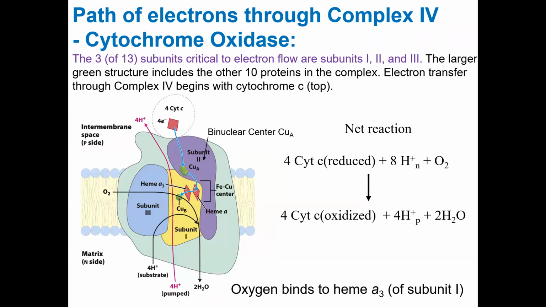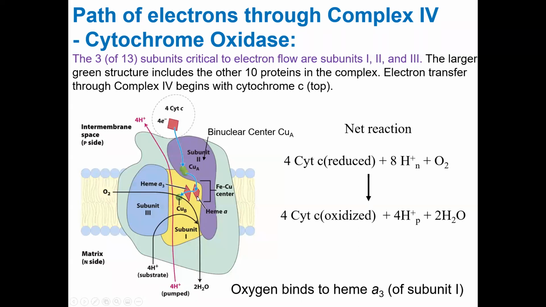Cool. So they will donate their electrons, 1 electron at a time, to this binuclear center copper A right here. From here, the electrons will pass through this Heme A, in the pink, as you can see.